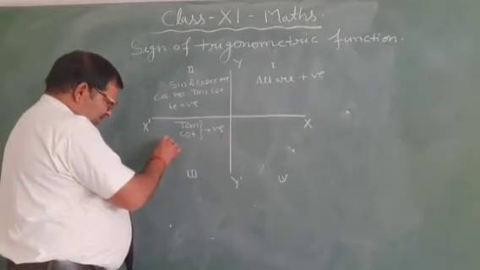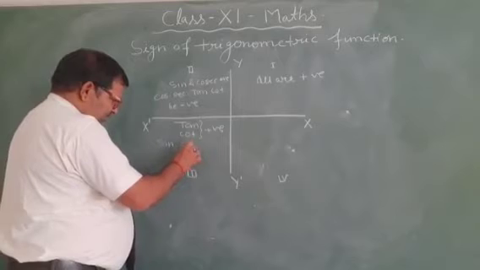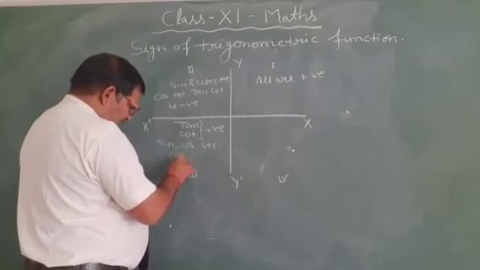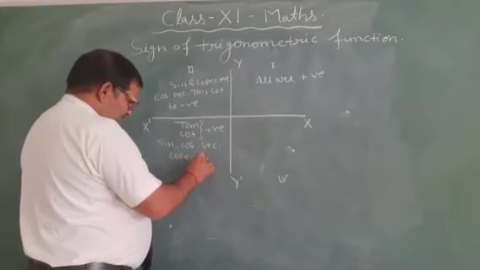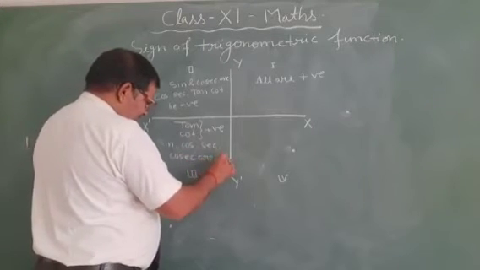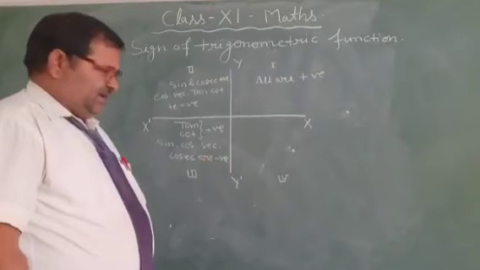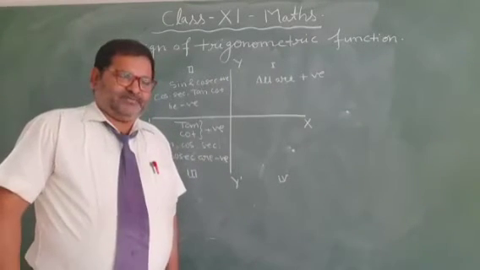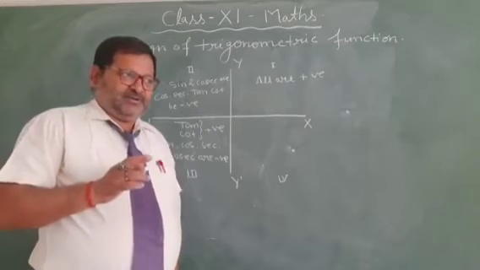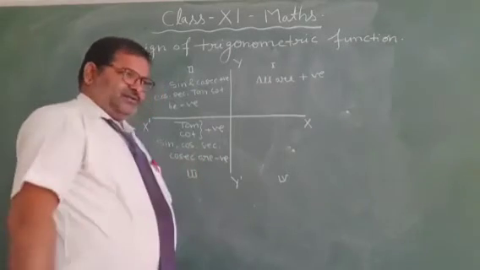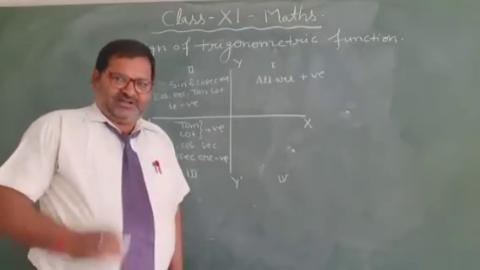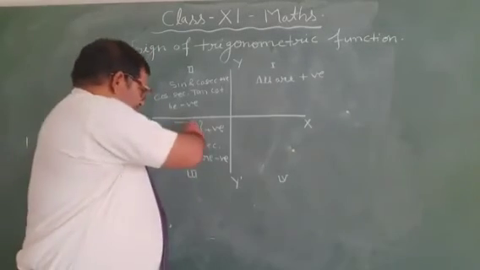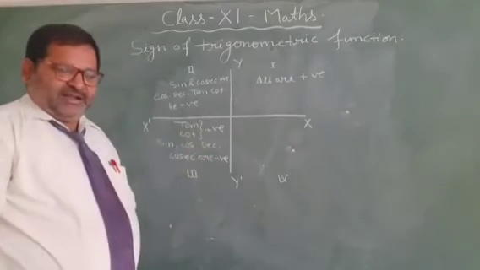That is, sin, cos, sec and cosec are negative. देखो साइन, कॉस, सेक और कोसेक be negative in the third quadrant and only the tan and cot positive.